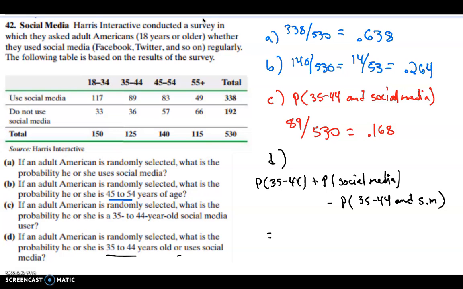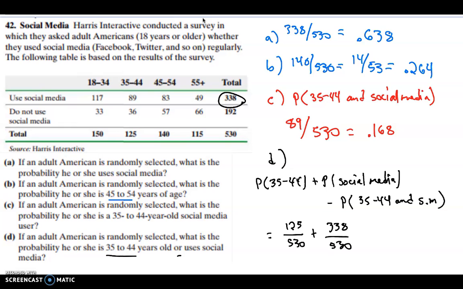Okay, so we found the probability that someone is 35 to 44, so this would be 125 out of 530. So that's the probability that someone's 35 to 44, plus the social media user, that was 338 out of 530.